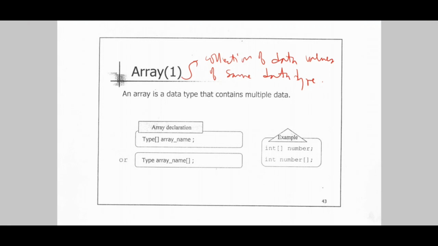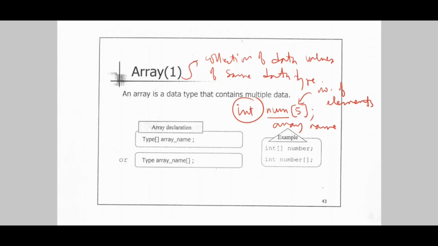We would write it this way: int num[5], where num is the array name and 5 is the number of elements, and each element is type integer.